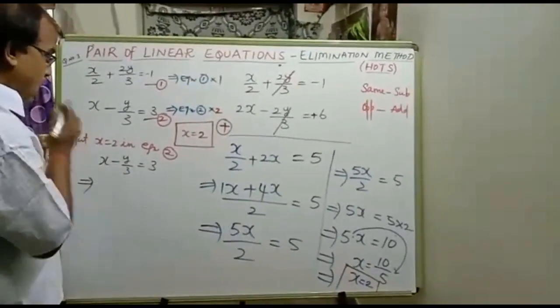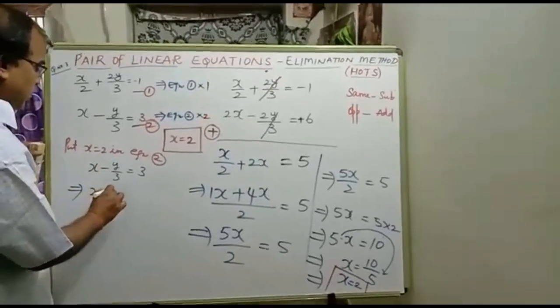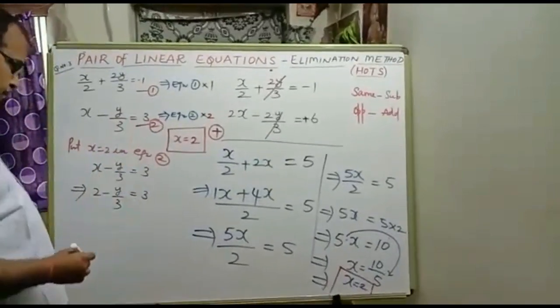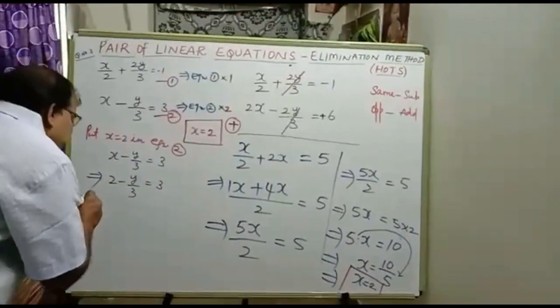That implies 2 minus y by 3 is equal to 3.